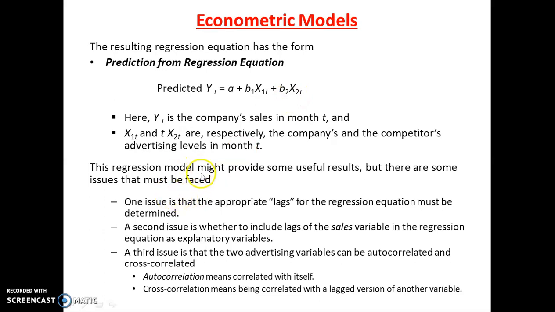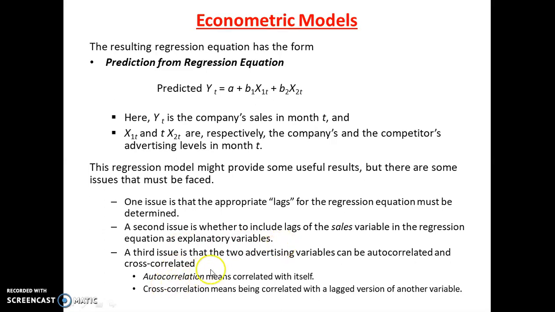The regression models might provide some useful results, but there are some issues that must be faced. We'll list out some of the issues. The first issue is that appropriate lags for the regression equation must be determined. The second issue is whether to include lags of the sales variable in the regression equation as explanatory variables.